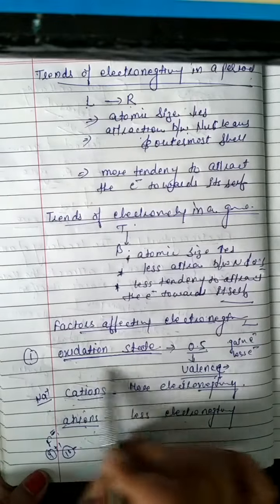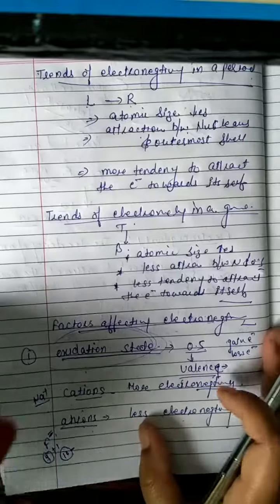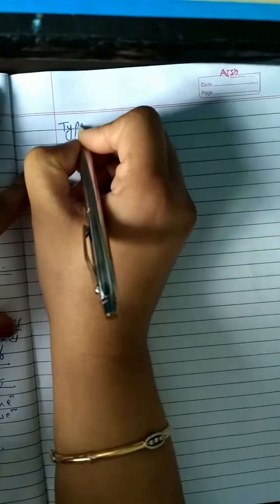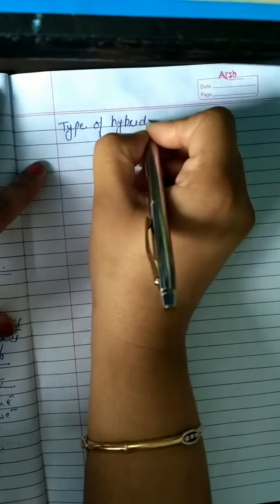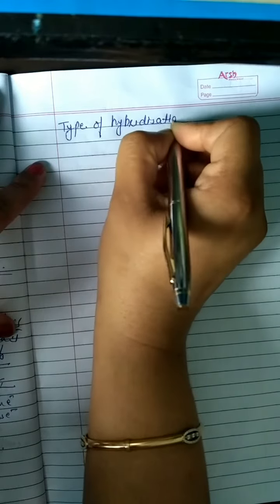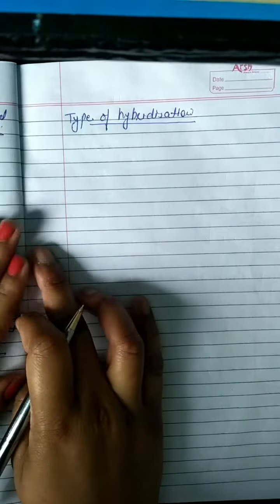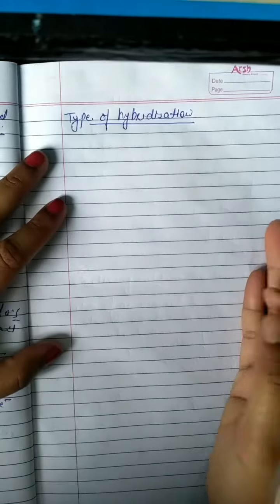Clear? The first is oxidation state. The second factor is type of hybridization. We will discuss the hybridization topic in detail in the next chapter.